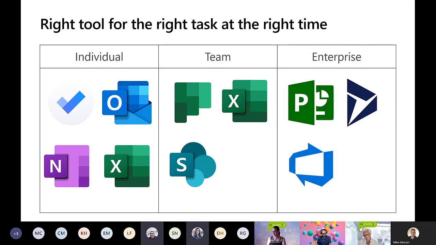So I think a lot of what we're talking about is really about individual task management. That's the bulk of the content, because everybody has a to-do list, a list of things they need to do. It's also really important to think about how you manage tasks as a team and as an enterprise.